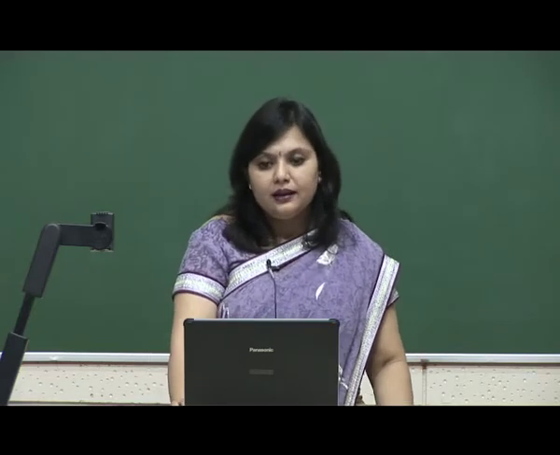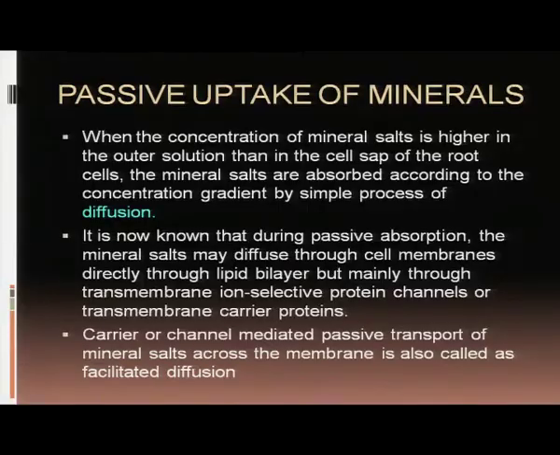It is now known that during passive absorption, the mineral salts may diffuse through cell membranes directly or mainly through the carrier proteins. These carrier proteins mediate the passive transport of mineral salts across the membrane, and this system is known as facilitated diffusion. We had studied facilitated diffusion in an earlier class also: those mineral ions which are able to pass through the plasma membrane easily can simply diffuse into the root hair cell.